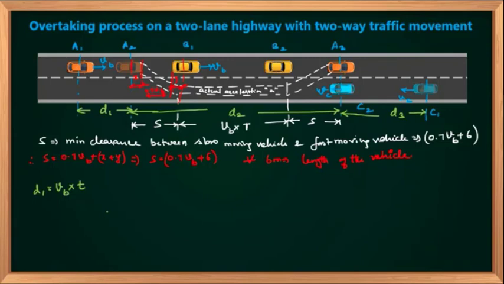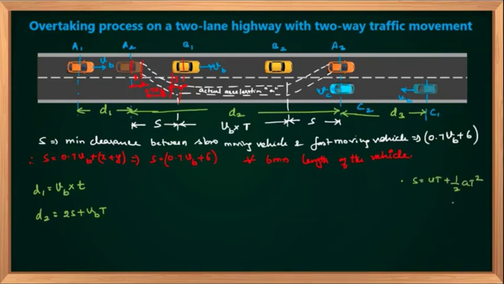Similarly, next D2. D2 is actually this one, right? That is 2S plus VB into capital T. How to find this capital T? To find this capital T, there is an equation of motion. You would have seen some equations of motion. What are they? S is equal to ut plus half at square.